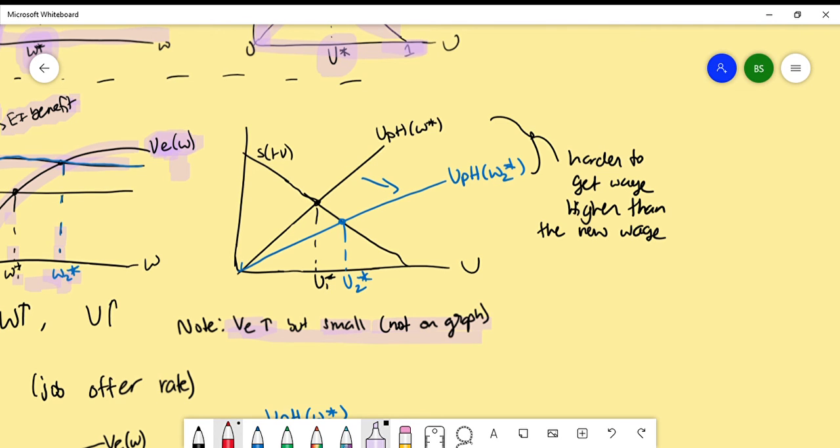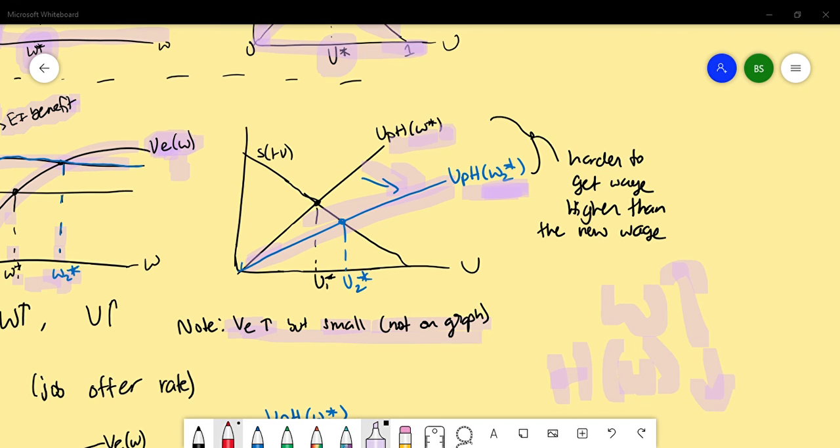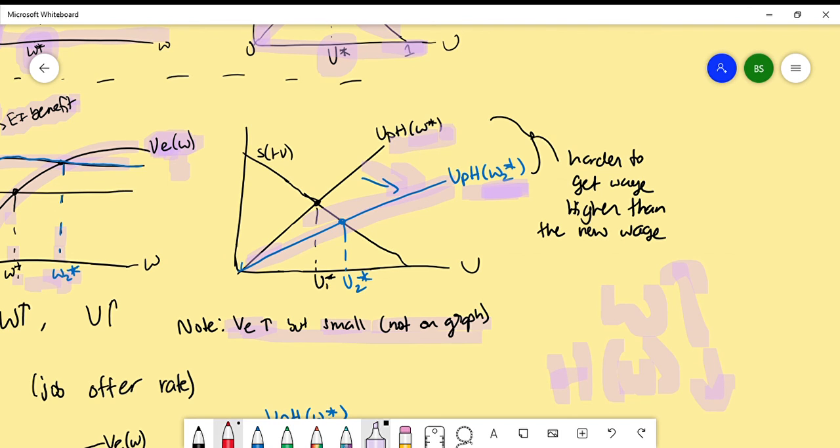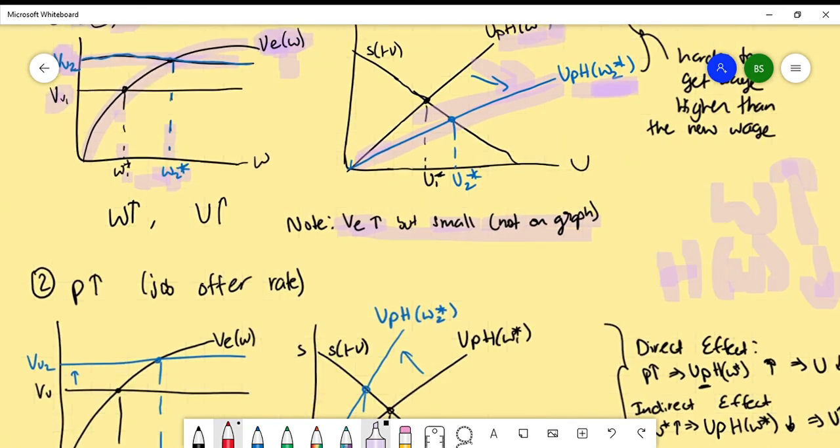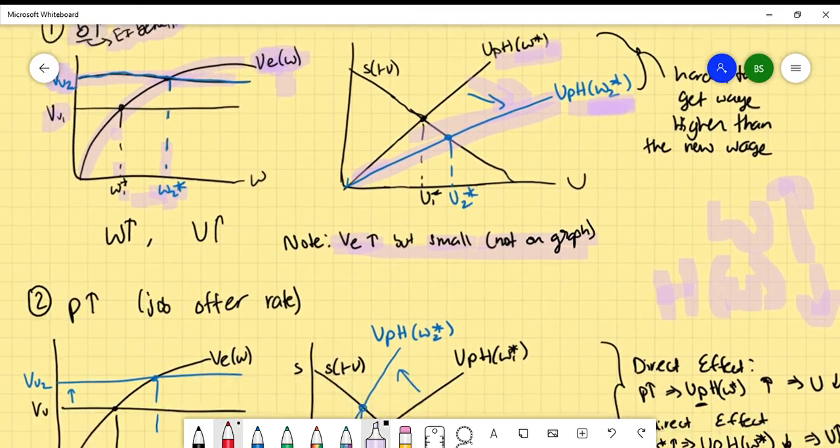So because this wage increases, the HW decreases. Remember, if the wage increases, HW decreases. So this curve goes downwards, and unemployment goes up.